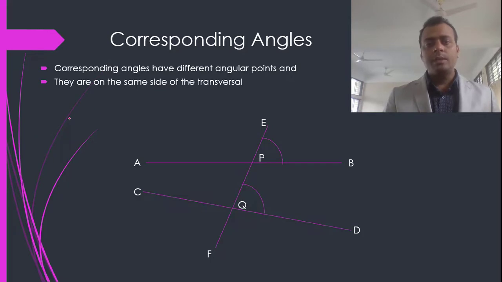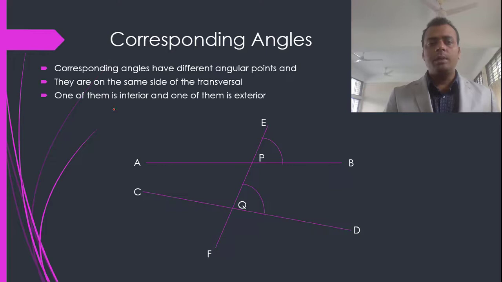They are on the same side of the transversal. You can see BPE and DQE are on the same side of the transversal. And one of them is interior and one of them is exterior. That is, BPE is an exterior angle and DQE is an interior angle. So, if any pair of angles satisfy these three criteria, then we will call them corresponding angles.